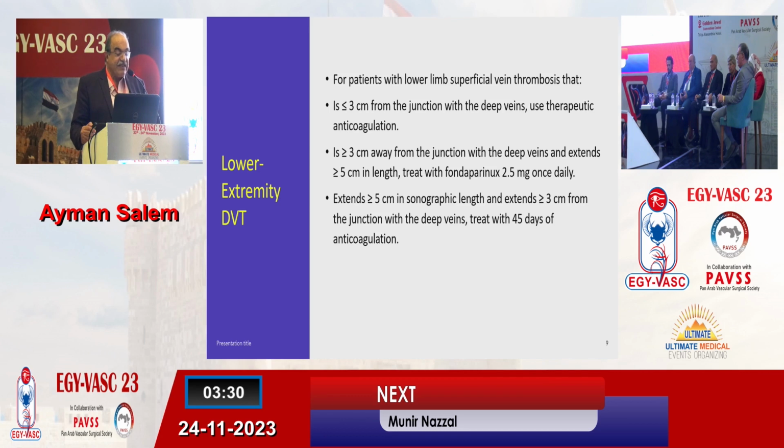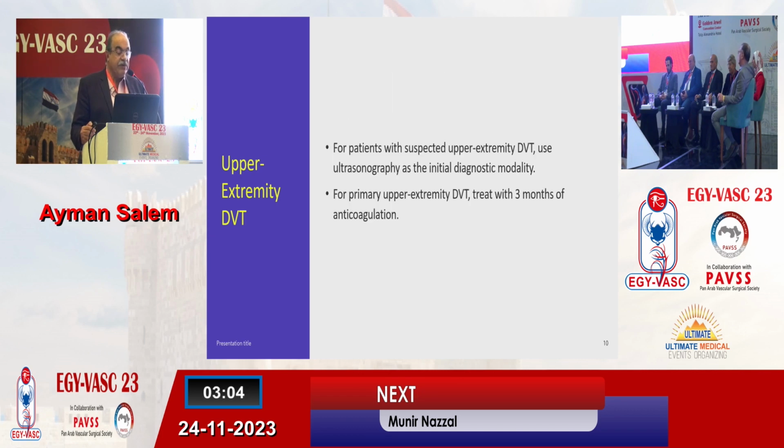If more than 3 centimeters away from the junction with deep veins and extending more than 5 centimeters in length, treat with fondaparinux 2.5 milligrams once daily, for 45 days of anticoagulation.